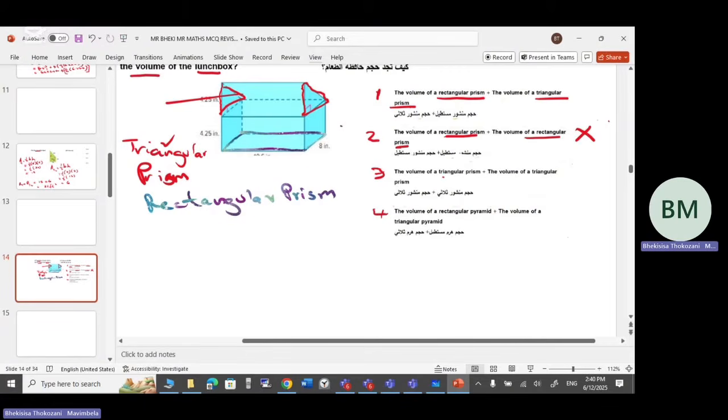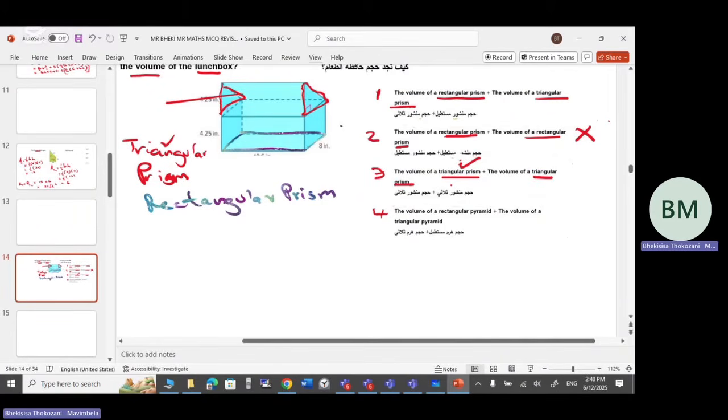Let's look at this one here. The next one says the volume of a triangular prism plus the volume of a triangular prism.